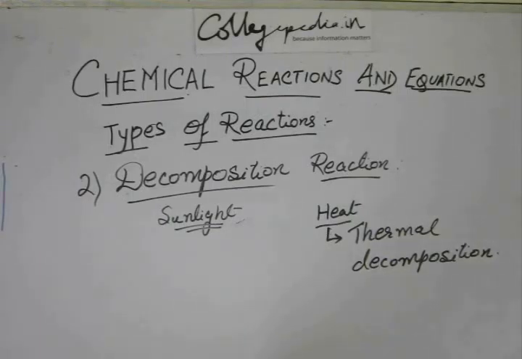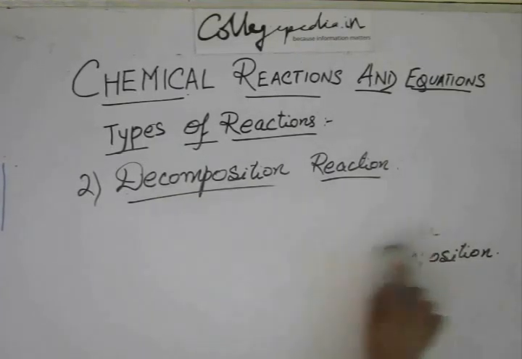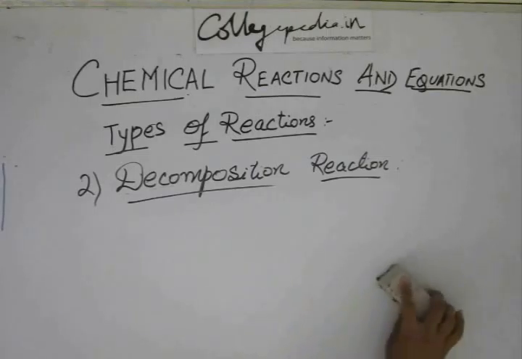So there can be decomposition due to heat, due to sunlight, as well as by electricity. So they can ask you that also, by what means can a decomposition reaction take place? So the answer is heat, sunlight and electricity. There are other methods also, but for the time being, we'll go into only these three.